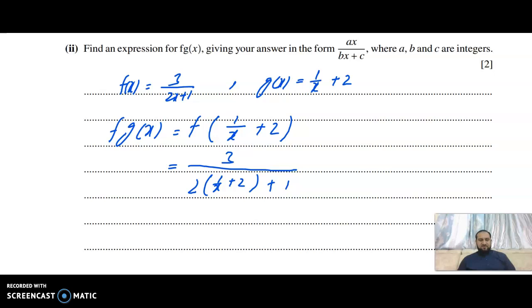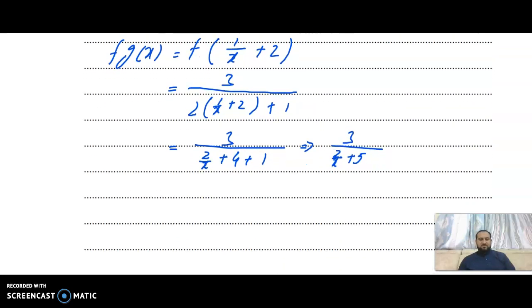We have to simplify this, so this will be 2 over x plus 4, plus 1, then this will be 3 over 2 over x plus 5. If we simplify, we can take the denominator the same, so this is 3 over 2 plus 5x over x.